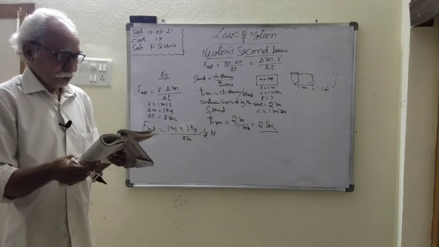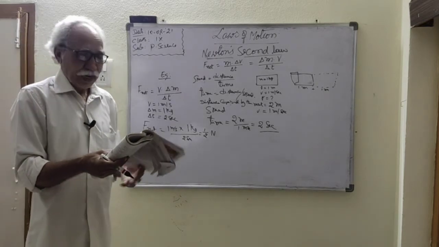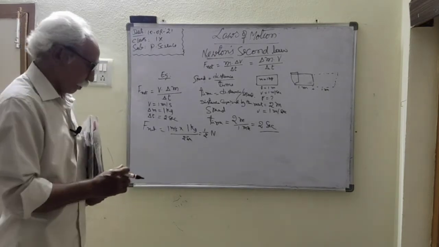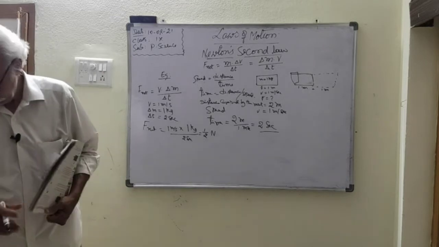Next, another one is example 3, the Atwood machine. There is one more example, the Atwood machine.